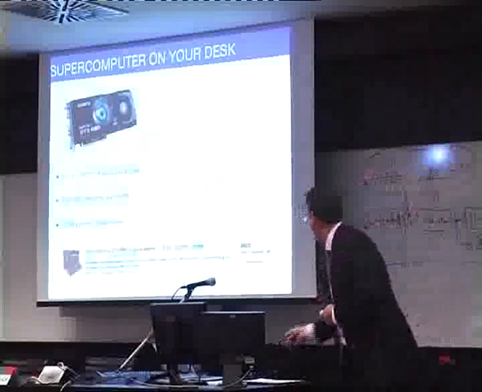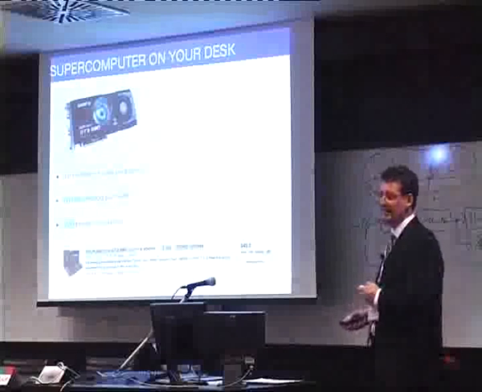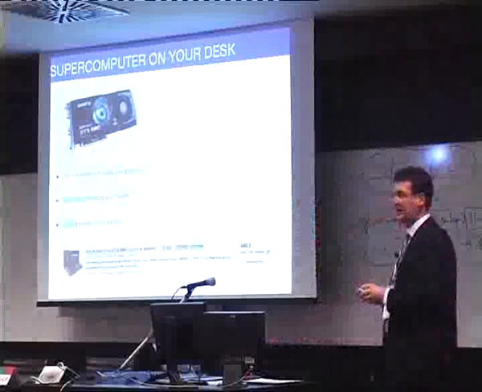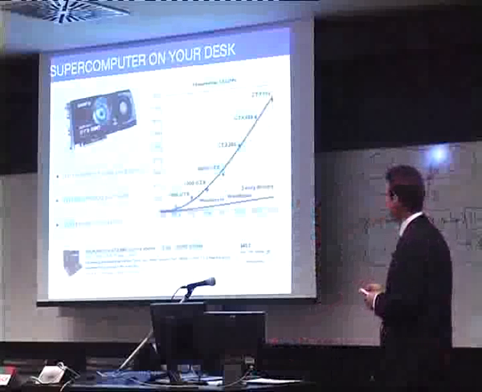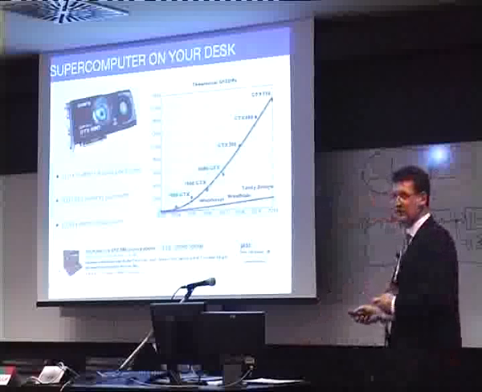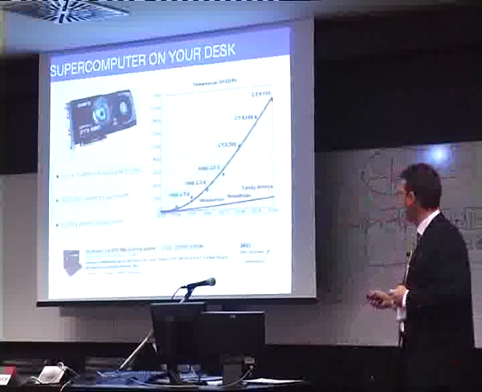And it only consumes about 150 watts. It's cheap. You can buy it for $450. And as a side benefit, you can play Call of Duty Black Ops in its full glory with everything cranked to the max when you're not doing difficult system identification problems. I think it's interesting to look at how the capacity of these sorts of cards has increased over the last decade relative to desktop CPUs.